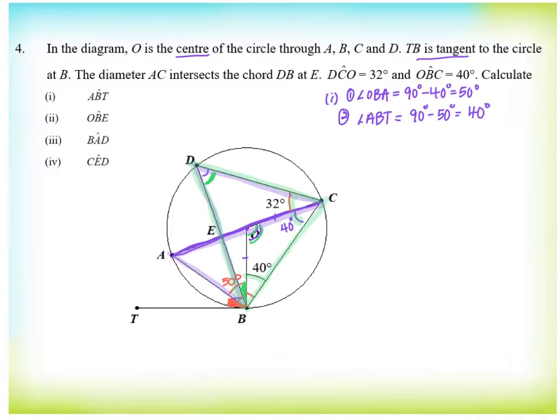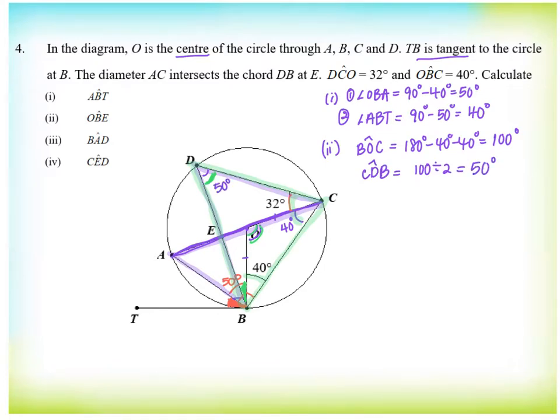So what do we do? In this case, for part 2, we know that angle at the center, BOC, is 180 degrees minus 40 to give me 100 degrees. If that is the case, angle CDB will now be the angle at the circumference, which is 100 divided by 2 to give me 50 degrees.